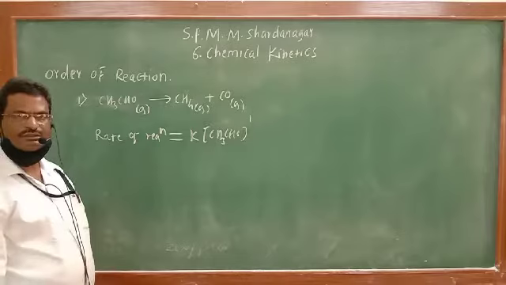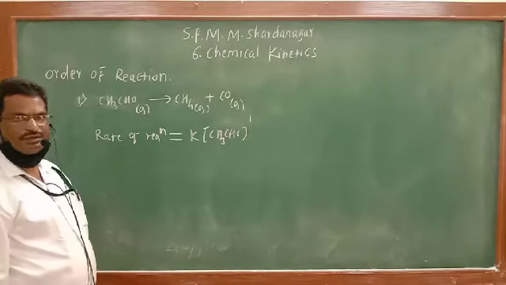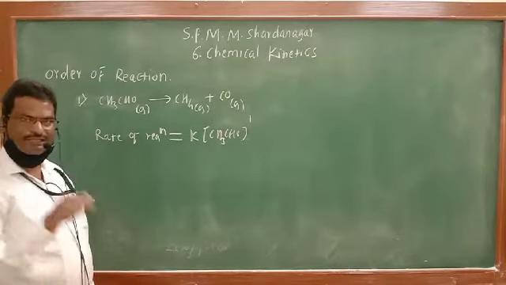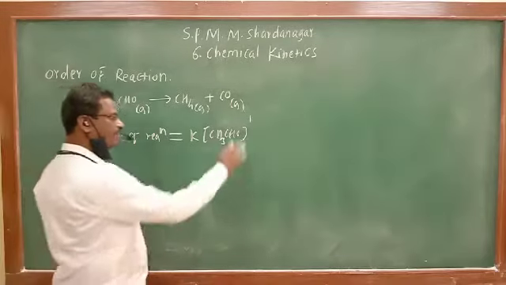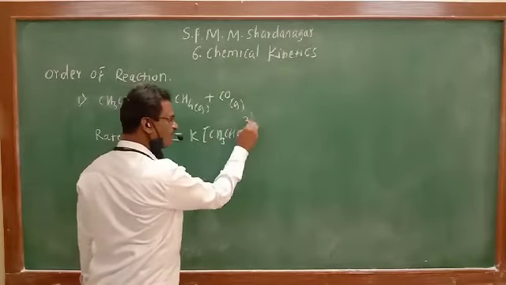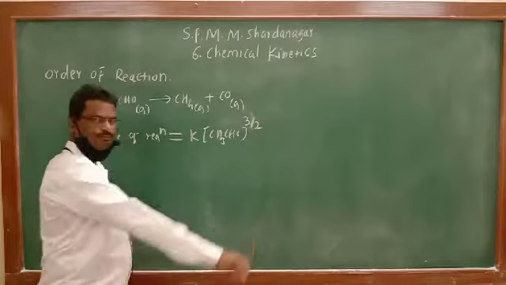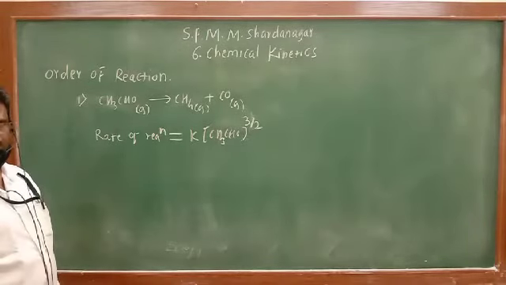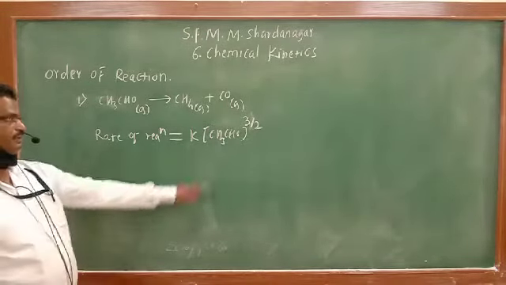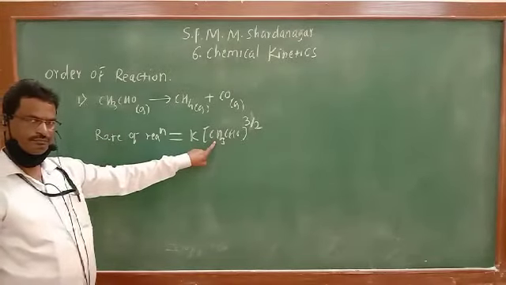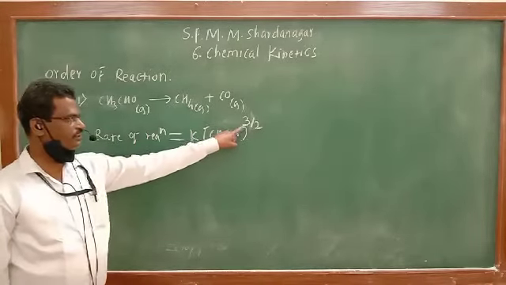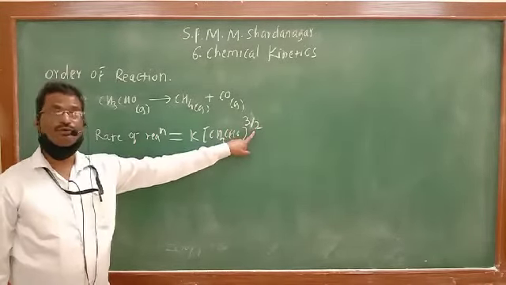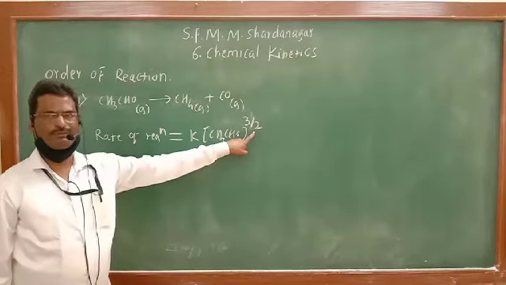But since order of reaction is an experimental quantity, instead of 1, here it is 3/2. What is the power of concentration of reactant? The power is 3/2, which means 1.5.